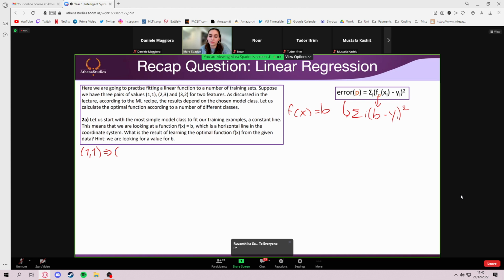If you fill this in, b minus y. Exactly, b minus 1, so you get (b minus 1) squared. We do the same for every single point, so we get 2, 3, and also 3, 2.